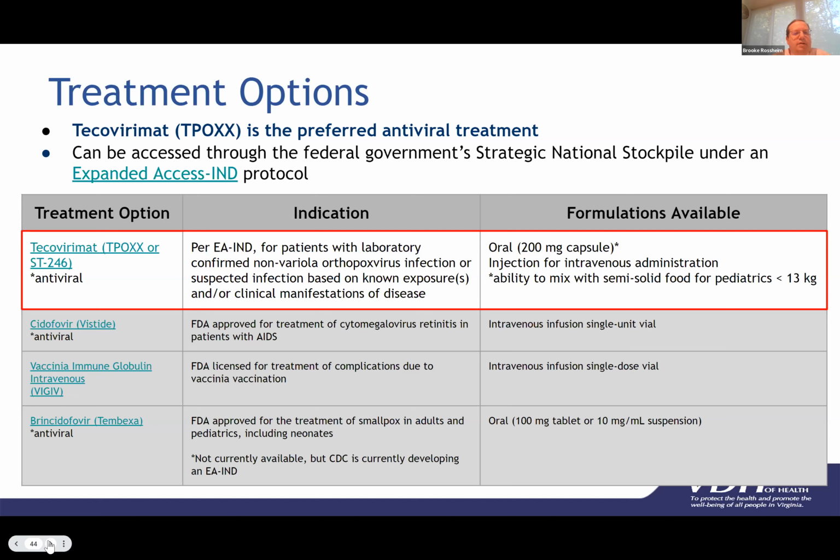Vaccinia immune globulin intravenous, also known as VIGIV, is another drug that can be used in more severe cases. And there's also a drug known as brincidofovir that is under development. It is not available just yet, but when it becomes available, it may be able to be used. Next slide.